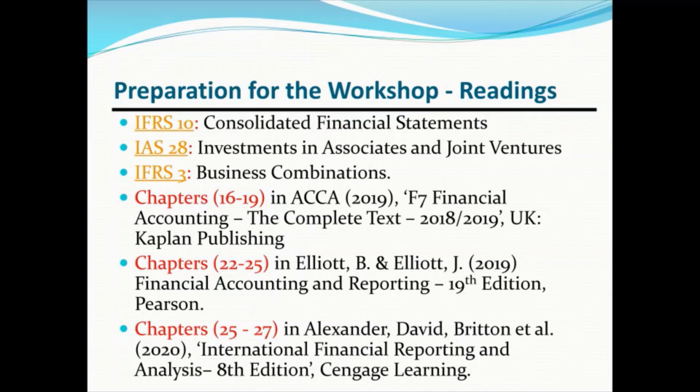We have accounting standards: International Financial Reporting Standard number 10, which is about consolidated financial statements, International Accounting Standard 28, which is about investments in associates and joint ventures, and International Financial Reporting Standard number 3, which is business combinations. These are the main standards that you need to read as preparation for the workshop.